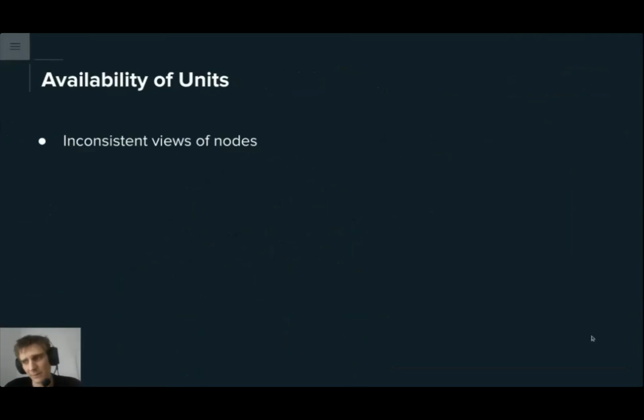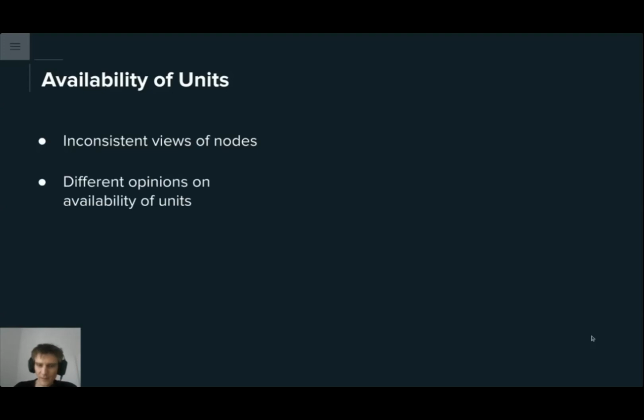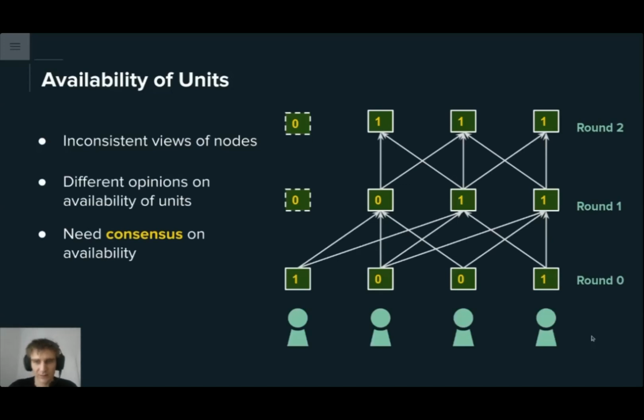Well, the problem is that at every point of time, the nodes might have a different local view of which units are there and which are not. Even though there is a guarantee that each unit will eventually be received by all other nodes, because of network delays, each node might have a different set of units available to it at a particular time. So what we need is to reach consensus on which units are available and which are not.